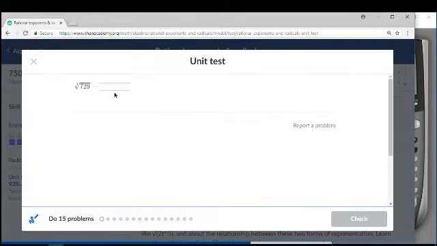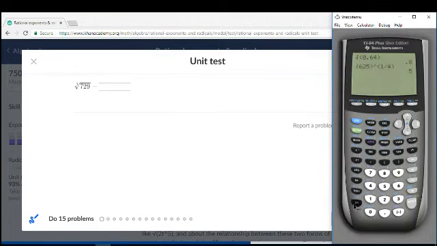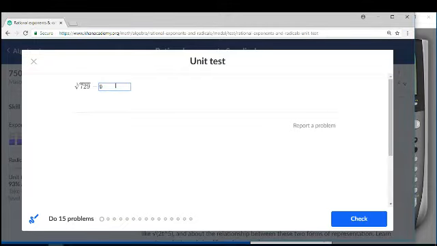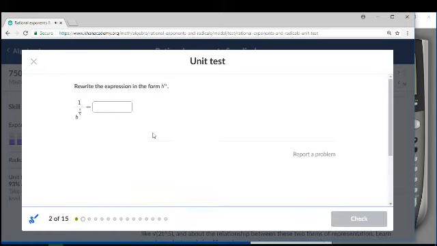All right, the cube root of 729. This one I don't have memorized, but I should. So 729 to the 1/3 power is 9. All right, that's something I should know. I rewrite the expression in the form b to the n.